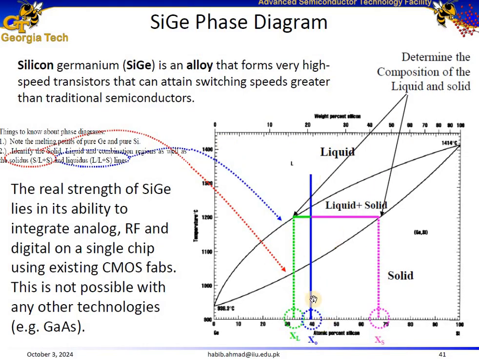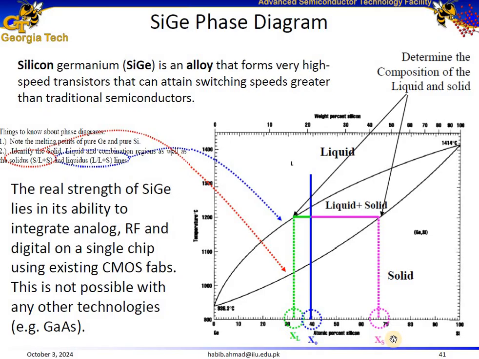This blue line, extended to the horizontal axis, shows the initial concentration of silicon, which is 40%.